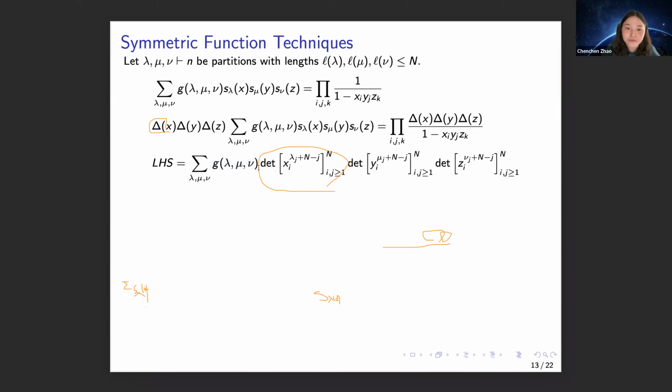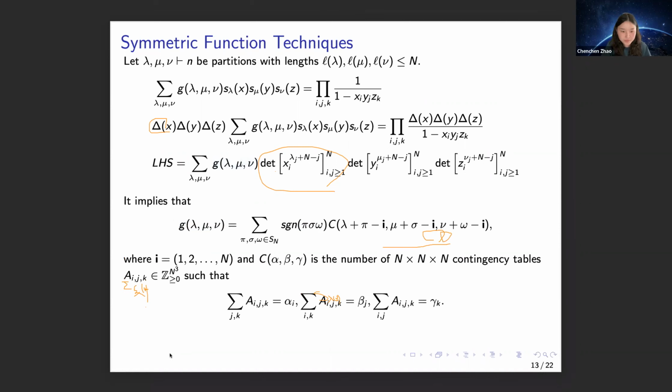So to find a formula for the Kronecker coefficients, it suffices to find a formula for the coefficient of the corresponding term on the right-hand side, and we can expand it to do so. It turns out the Kronecker coefficient is equal to this alternating sum over permutation triples. Here, C of lambda plus pi minus I counts the number of 3D contingency tables.